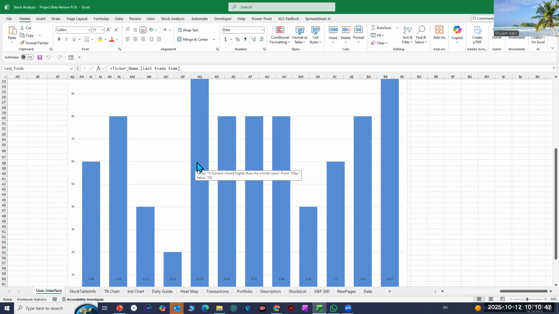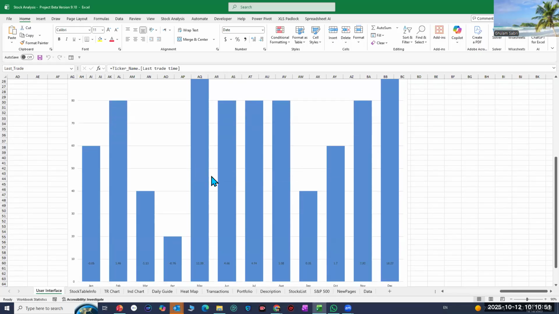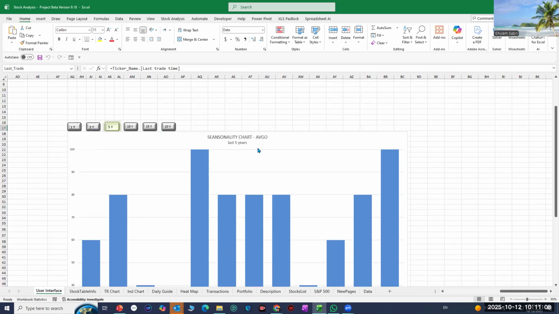And its return in December has been phenomenal, 18.27% on average. 7.92% in November. October is 1.7%. September was just 0.35%. April was minus 0.75%. Average of the last 5 years.